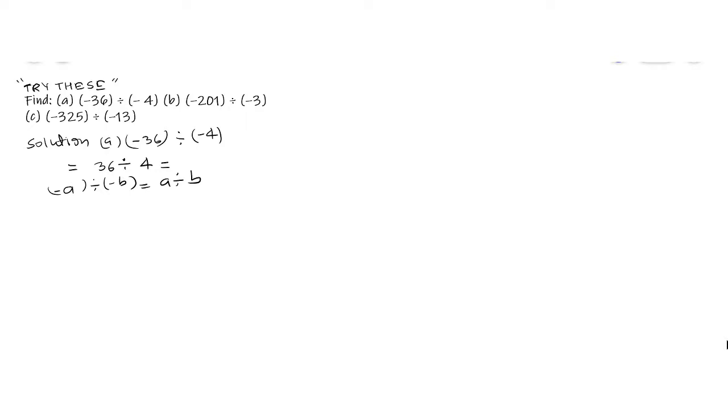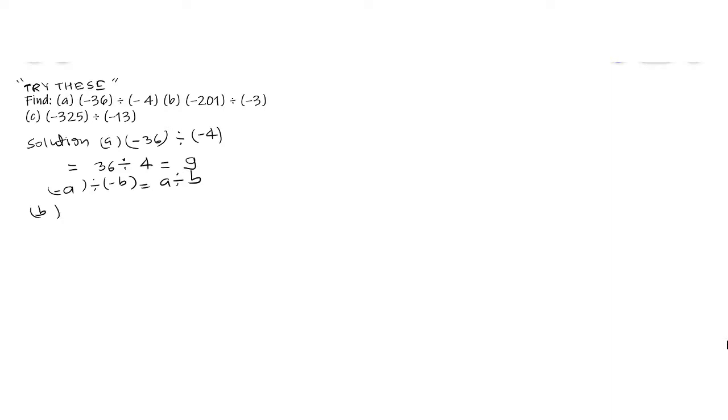So minus 36 divided by minus 4 equal to 36 divided by 4, and when we divide 36 by 4 we get the quotient as 9, and this is our answer.